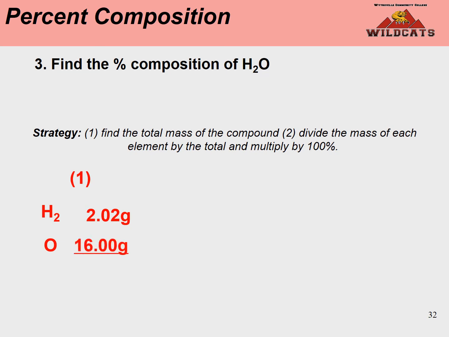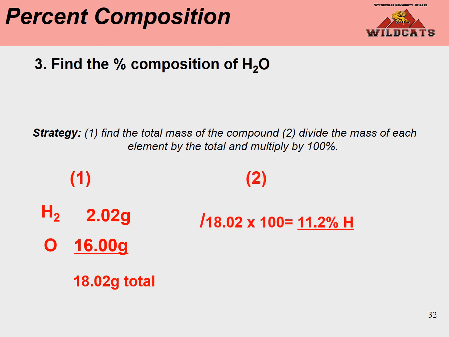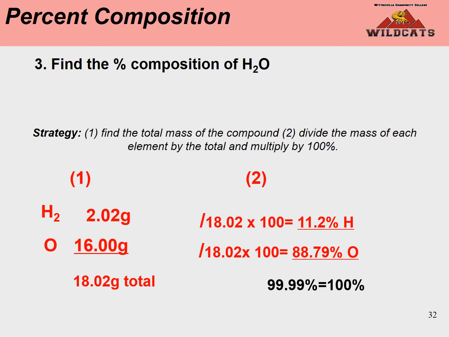Oxygen is 16. So if we add up the total mass, we end up with 18.02. And now we're going to finish out the problem just like we did the previous 3. So 2.02 divided by 18.02 gives us 11.2% hydrogen, 88.79% oxygen, and 99.99 rounds to 100%.